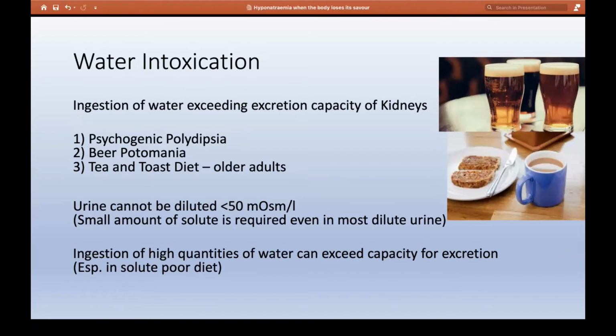Not necessarily to eat only tea and toast, but they are people who have a frugal diet, who don't eat well. So they don't have minerals, nutrients, proteins and calories, but they just eat whatever they get, the tea and toast. So this can also be seen, just keep in mind.